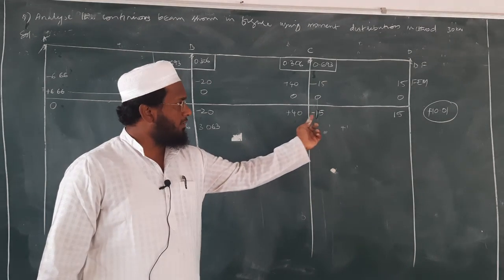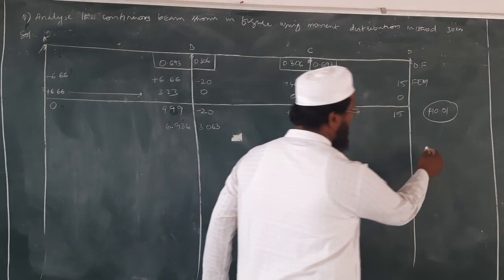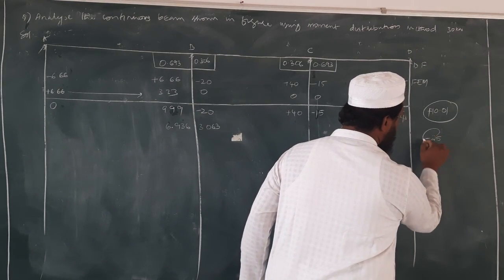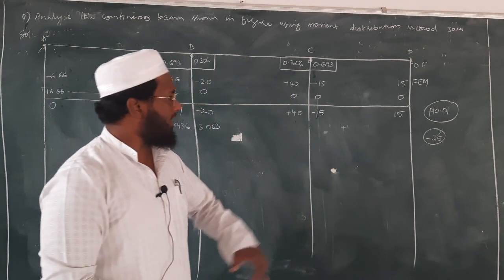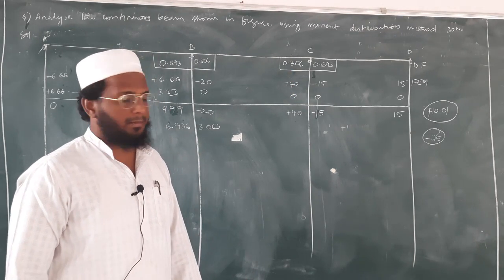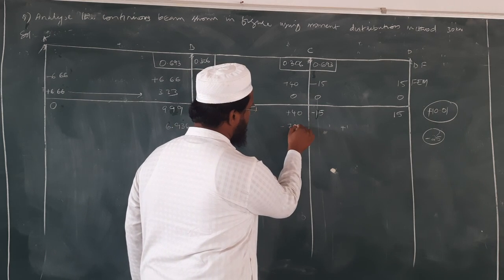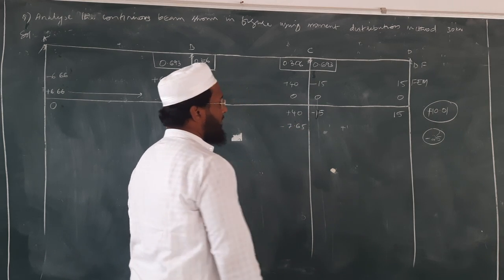Okay. Now here we'll balance here. So 40 minus 15 is how much? 25. So 40 minus 15, plus 25 you got, right? So change the sign, minus 25. Minus 25 into 0.306, minus 7.65. What about this one?